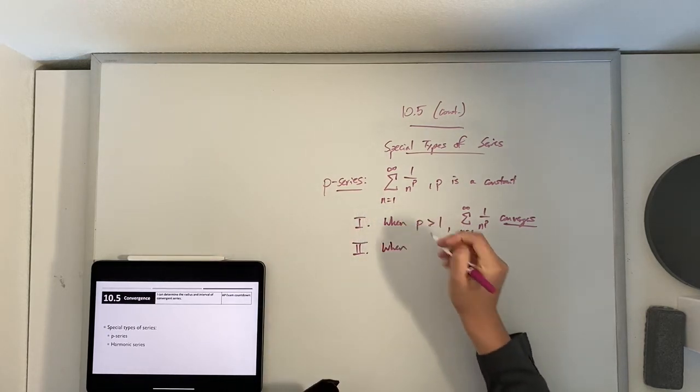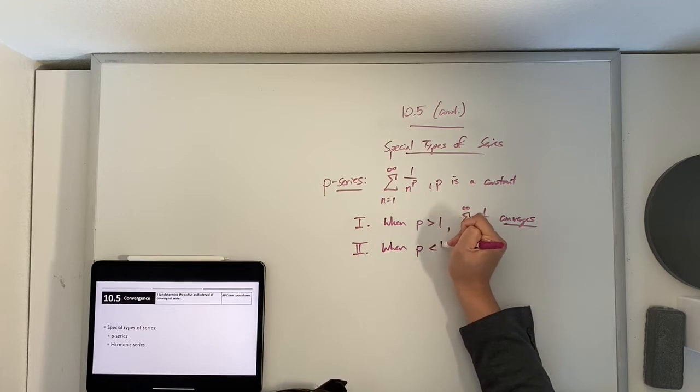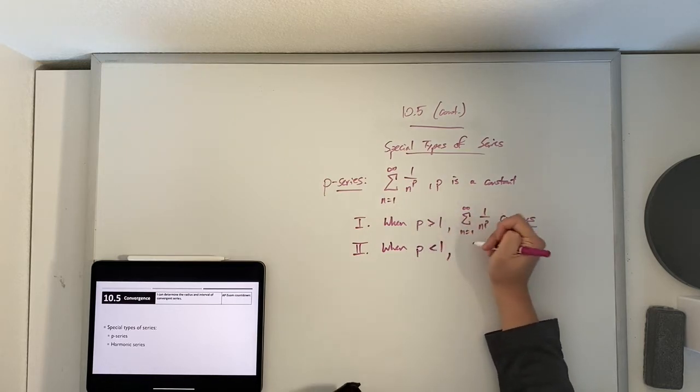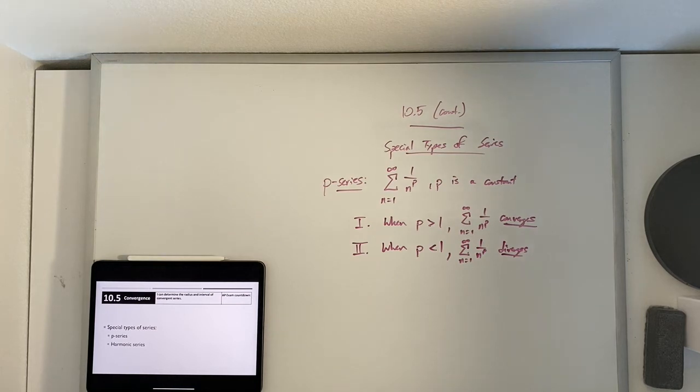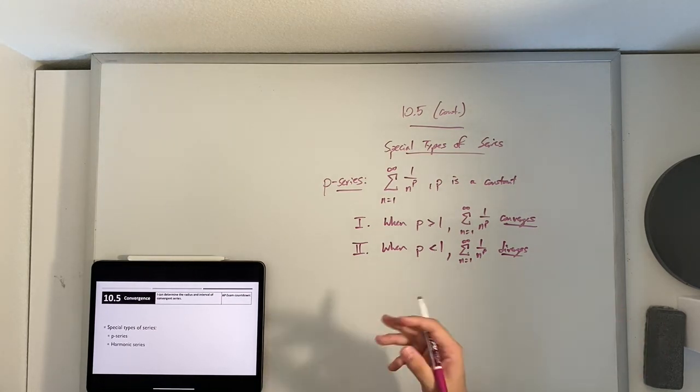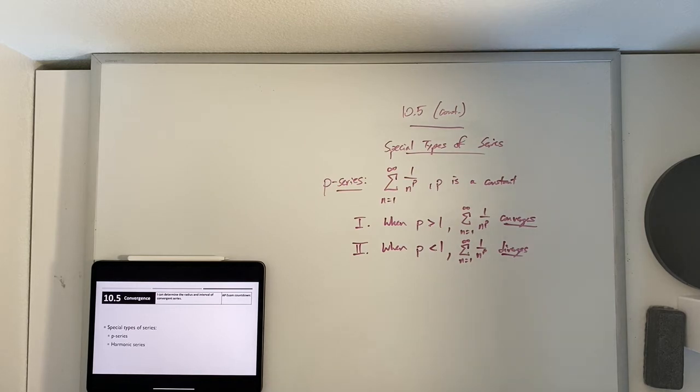The second case, when p is less than 1, then our series diverges. So, for example, let's suppose p is 1/2. Okay.